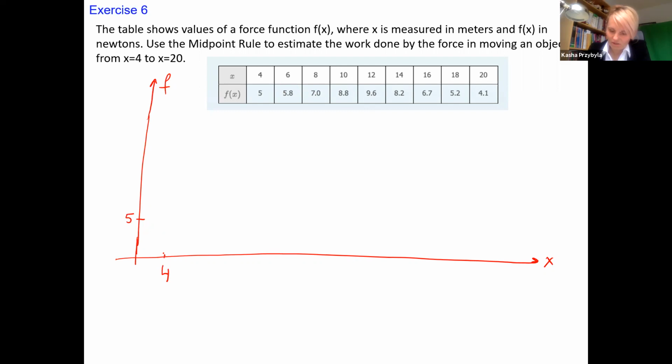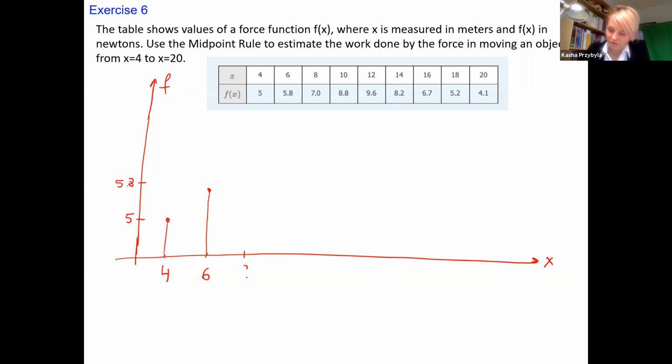How can I do it? Let's do it this way. For 6, we have 5.8. I'm just drawing these points.